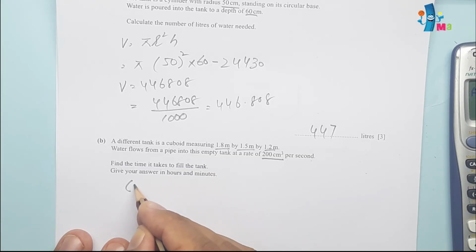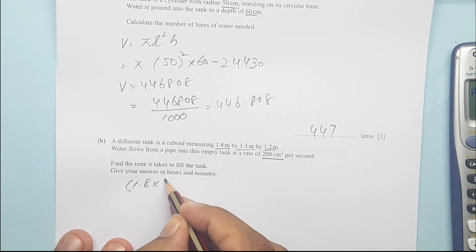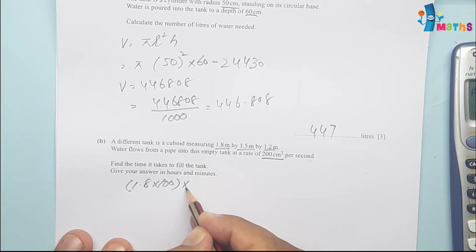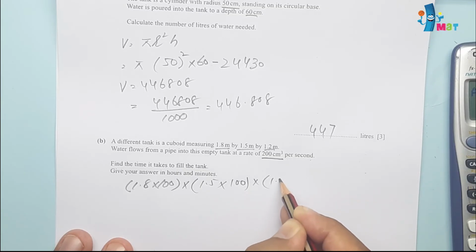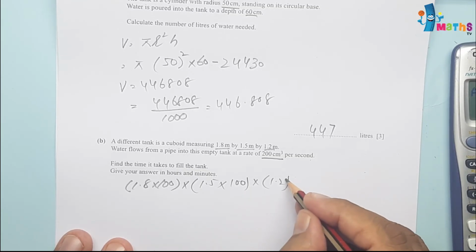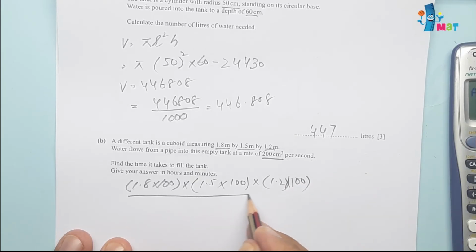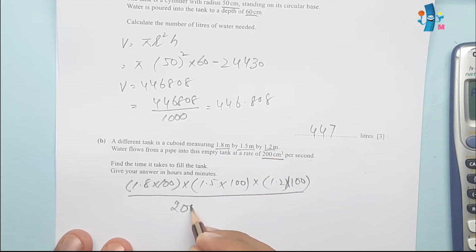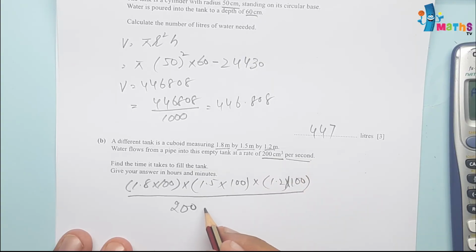So 1.8 multiplied by 100, because I'm changing into centimeters, and multiply by 1.5, also multiplied by 100, into 1.2, this one also multiplied by 100, divided by the rate at which it is flowing, so 200, and this is per second, but we need hours and minutes, so this will be divided by 60.